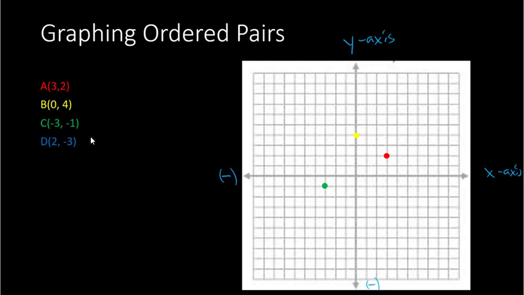Next, we have point D. Point D is found at 2, -3. So to graph this point, x is 2, y is -3. So if x is 2, that means you go in the positive direction for x, which would be to the right. You go over 2 to the right. So it takes you right here. And then -3 for y.